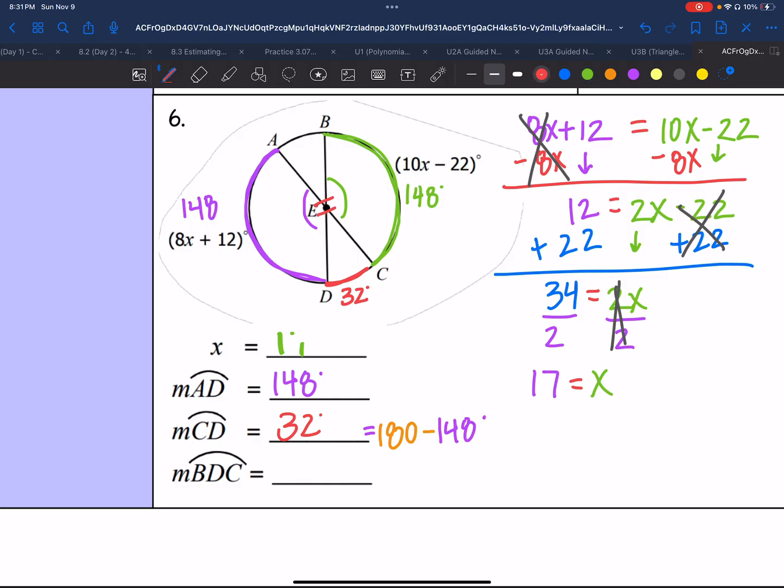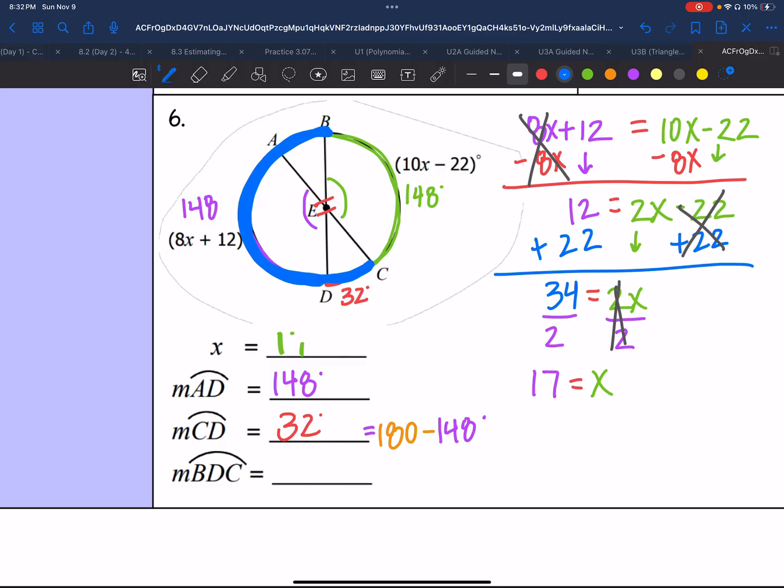Okay, so BDC, and I have to go in that order. So I'm going to go from B to D to C. So I want this entire blue arc here. Again, we have lots of different ways to look at this problem. If I'm looking at it, I'm noticing that I want everything except for that green arc, which I already know the measure of.